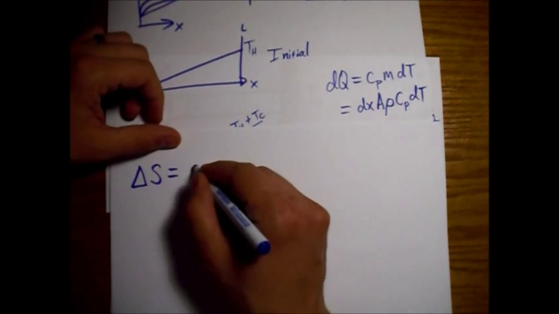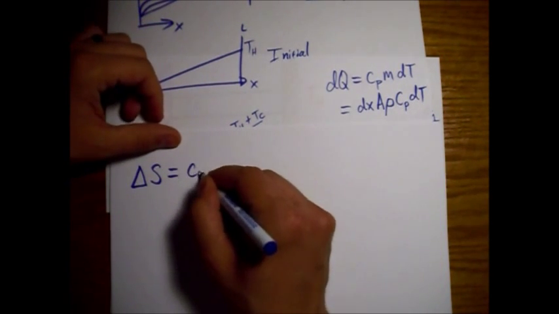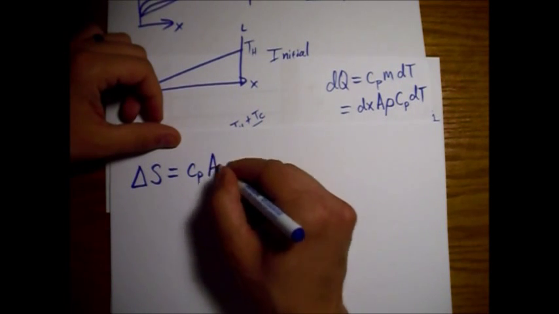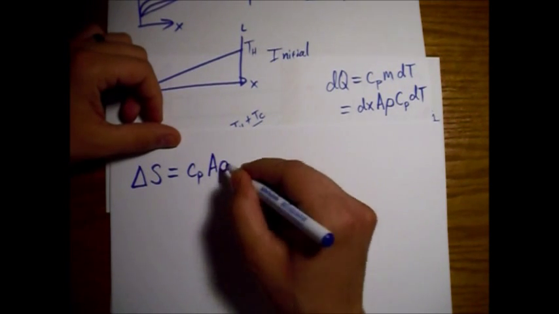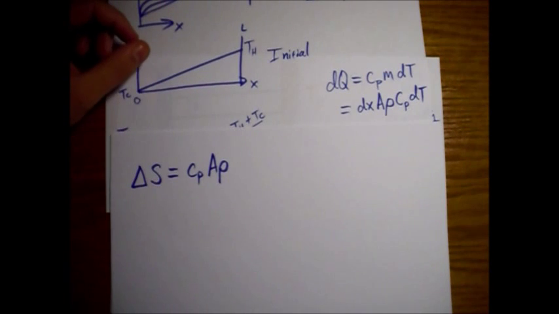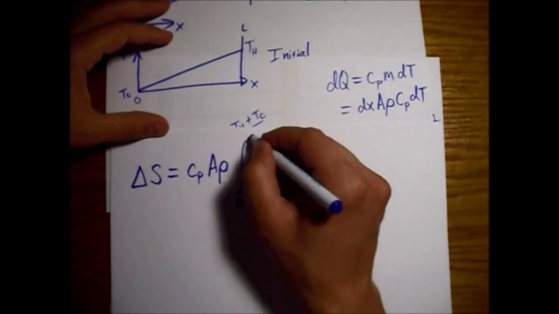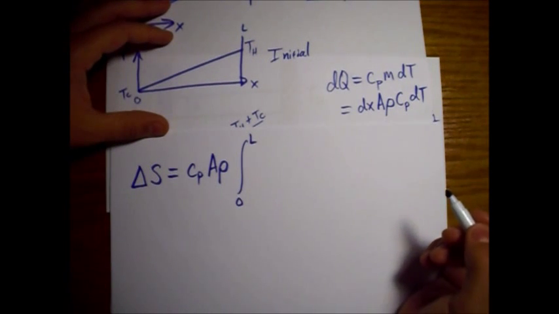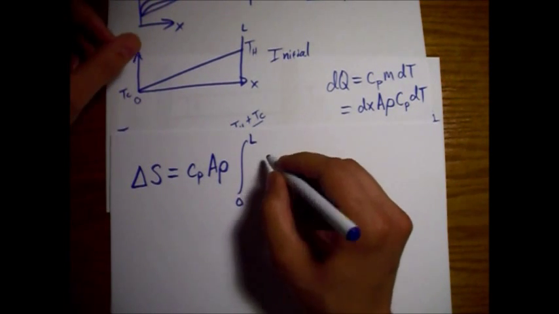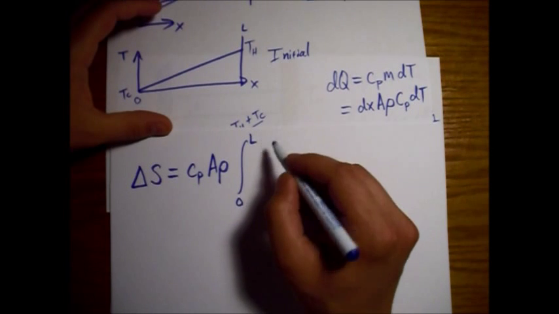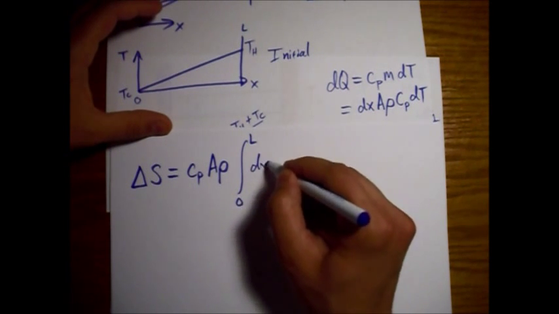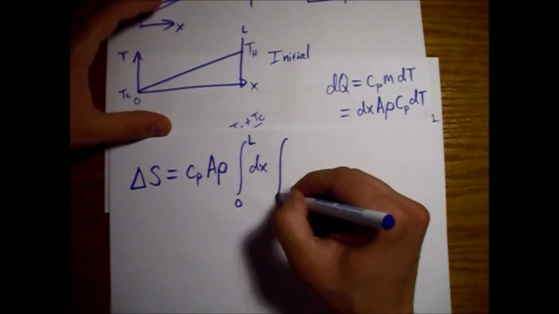So bringing the constants out front, we had a CP, an A, and a rho. Now I'm going to write the integral over the length of the bar. And now let's write the integral.